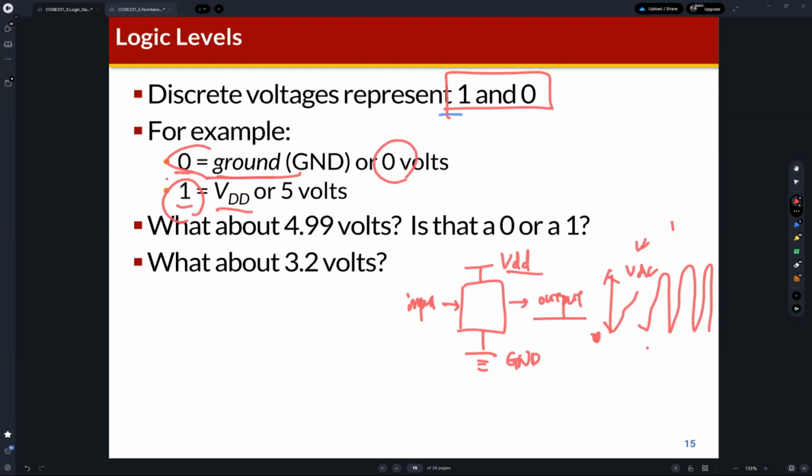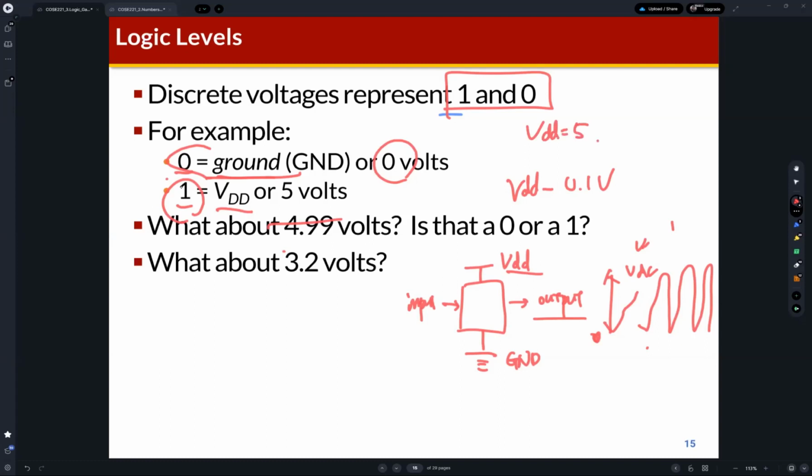But we know that in the real signal, the analog signal has many different levels. How about VDD minus 0.1 volt, like 4.9 volt, if VDD is 5 volt?